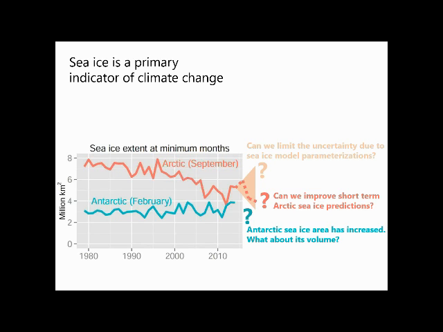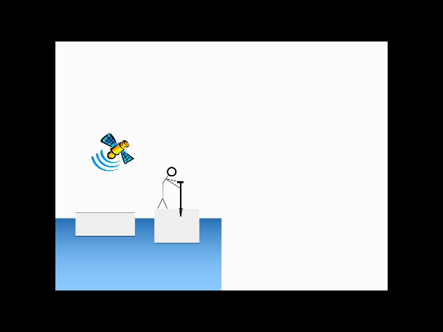Now, for each of the 3 questions, we actually run into the same problem, and I'm sketching here very naively my point. There are many observations of sea ice that we can have from either satellites or from field campaigns or whatever, but unfortunately, these observations will never be enough to describe and to characterize everything we need to know.